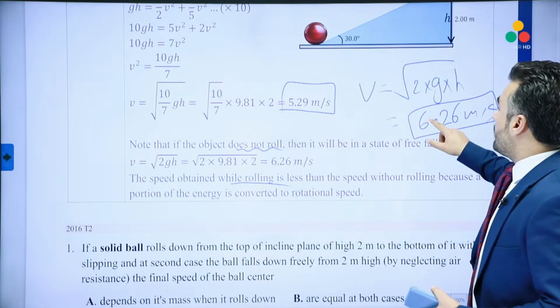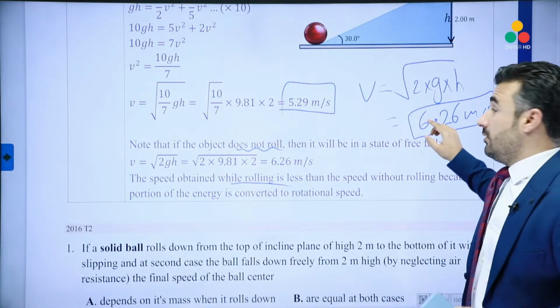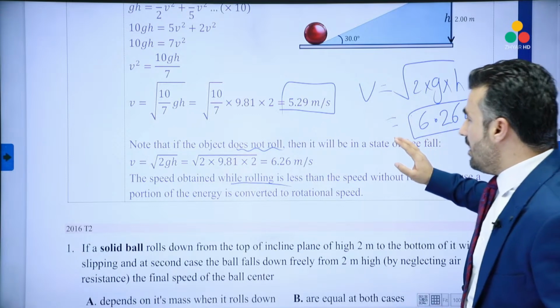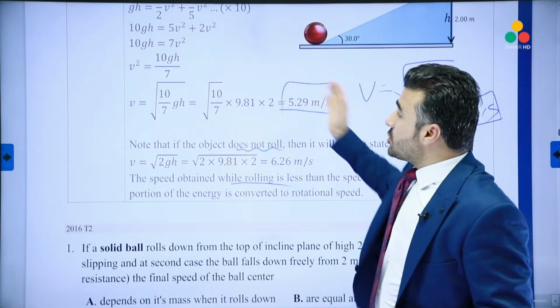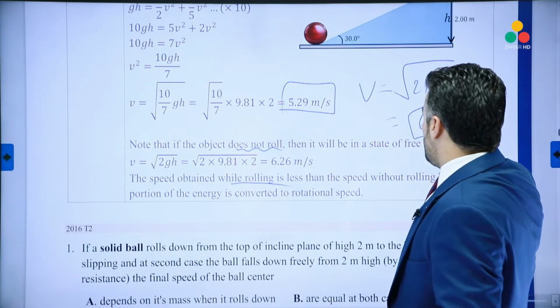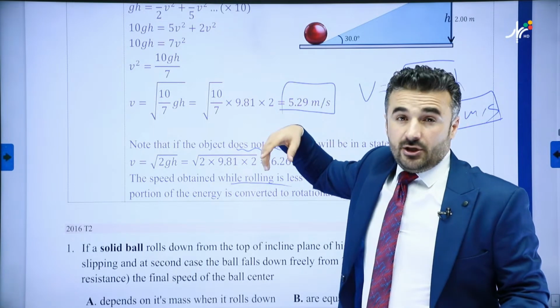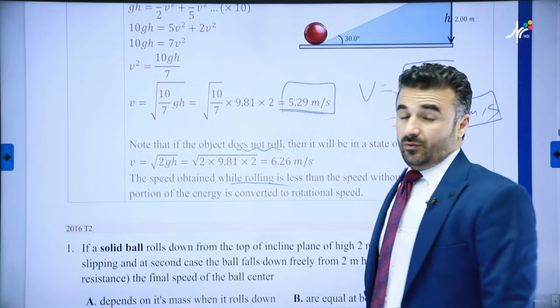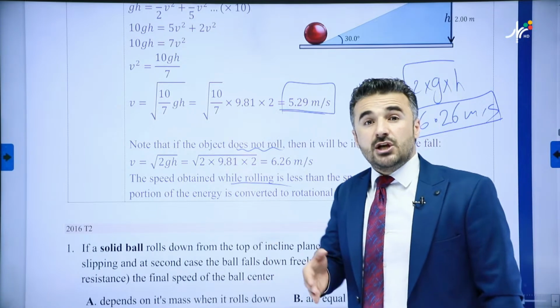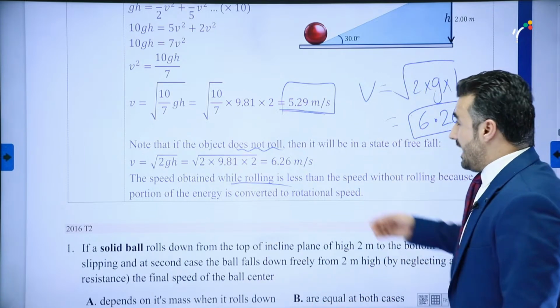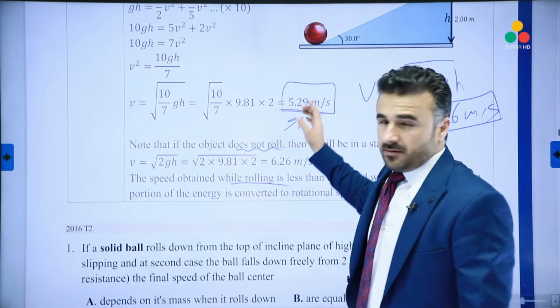The speed is higher when it is not rolling because while it is rolling, part of the energy changes to rotational kinetic energy, so the speed is less.